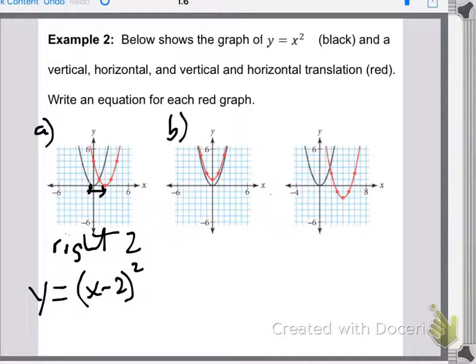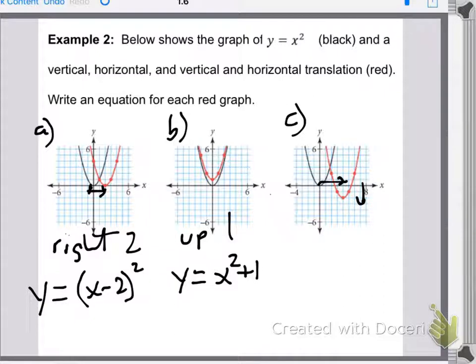For part B, we have a shift up of 1, so we're not going to have parentheses. Okay, only in horizontal shifts do we have parentheses. All right, so in a vertical shift, it's going up 1, so the sign stays true. We're going up 1, so it's x squared plus 1. Now in part C, 2 things happen. We have a horizontal shift and we have a vertical shift.